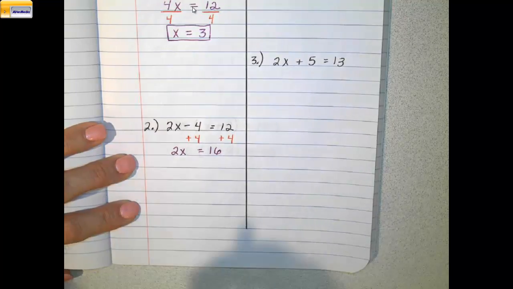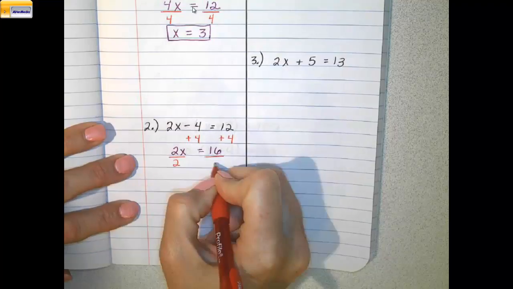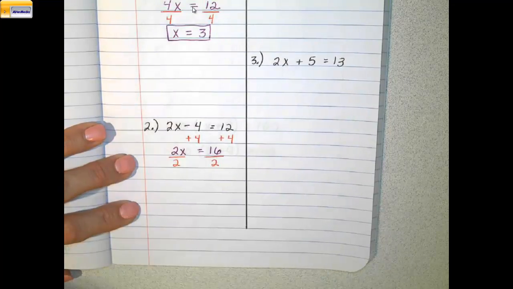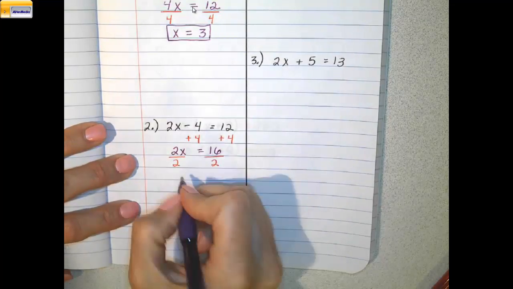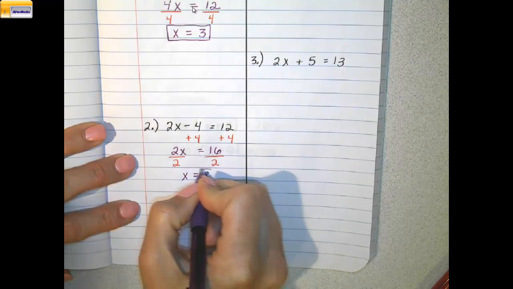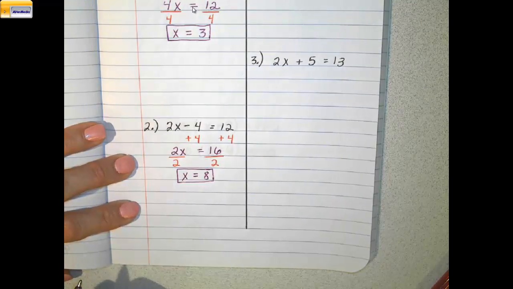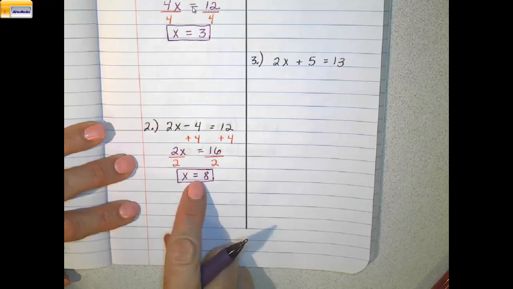I only want to know what 1x is, so to undo times, I will divide both sides by 2 and come up with a solution that x is equal to 8. And that's the solution to my equation. If I want to be sure that I've done this correctly, it's always a good idea to go back and plug in your answer to see if it actually works.